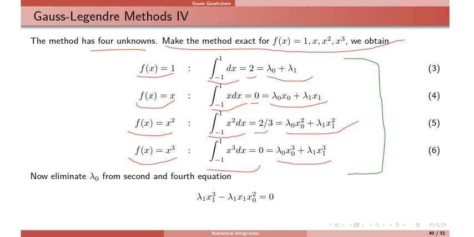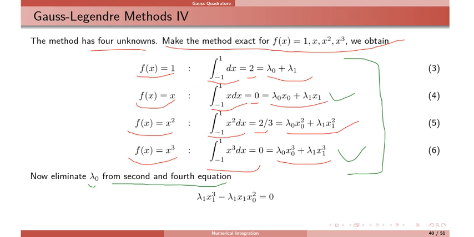Firstly, I am taking two equations which are homogeneous, that is equal to 0. So set the 4th and 6th equal to 0. I eliminate either lambda 0 or lambda 1 from the 2nd and 4th.